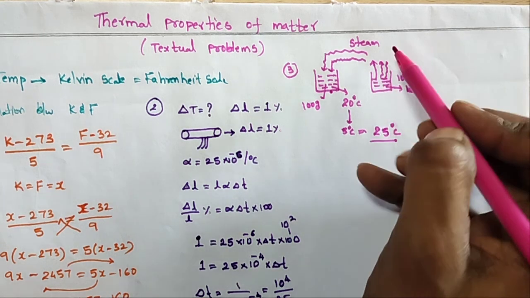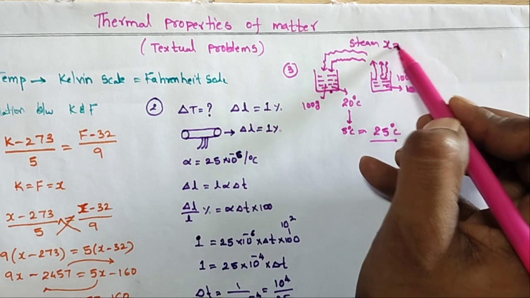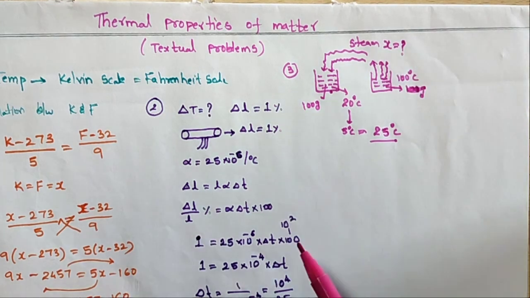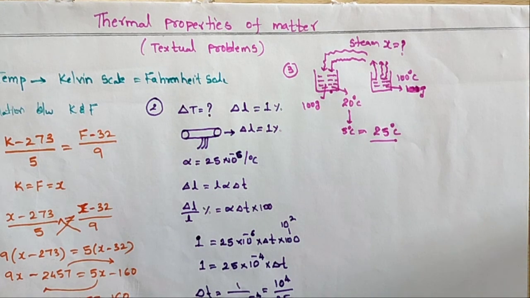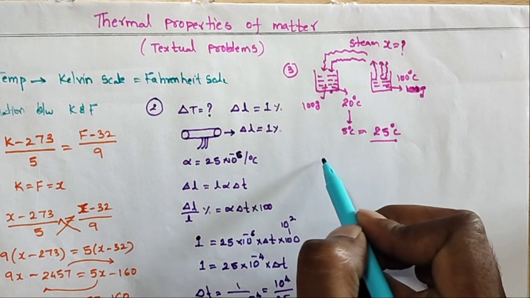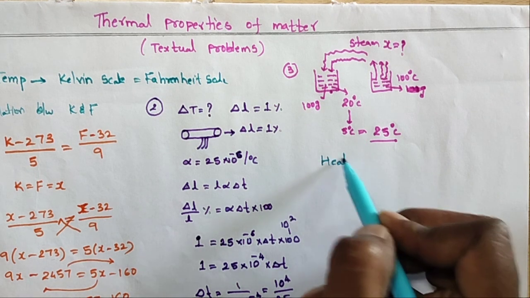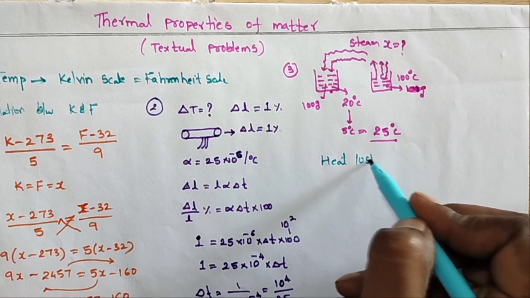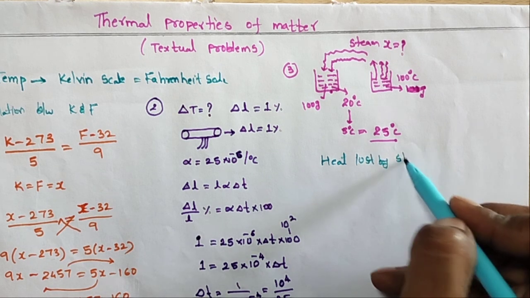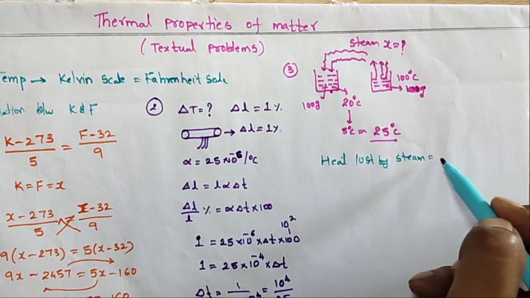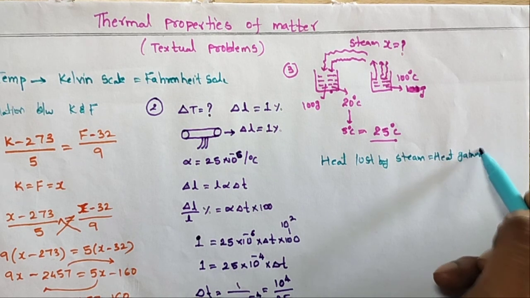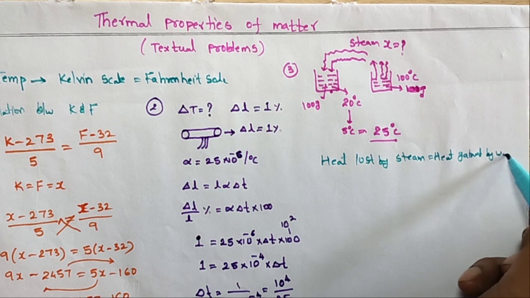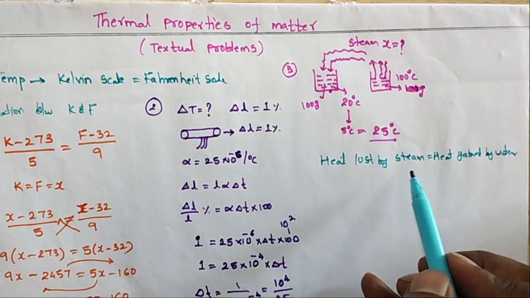From this you can find how much steam is passed into the other beaker. According to the calorimetry principle, heat lost is equal to heat gained. Heat lost by the steam at higher temperature is equal to heat gained by the water.